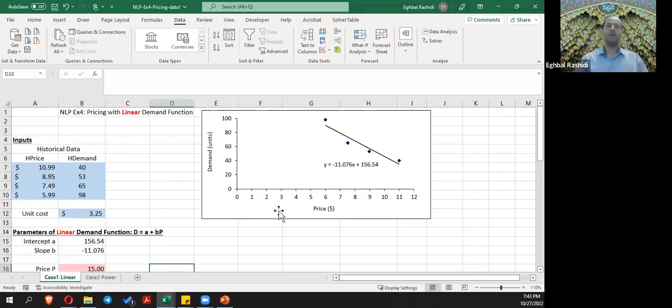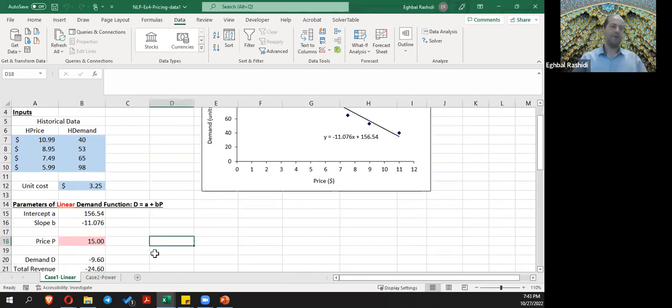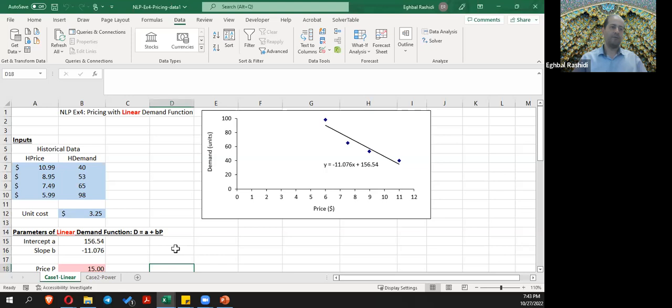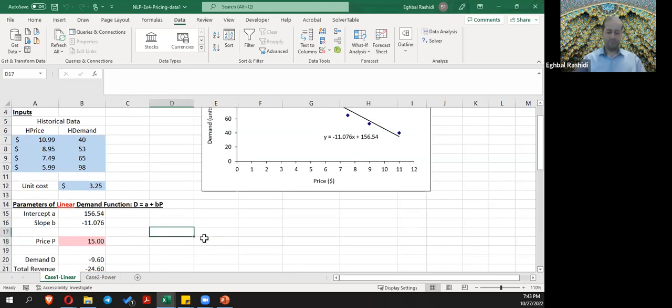Positive. So we need to put a limit on the price, otherwise it's going to go up. All right, so I'm going to say the price should be less than 15.